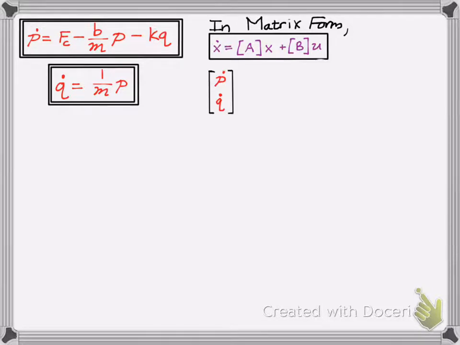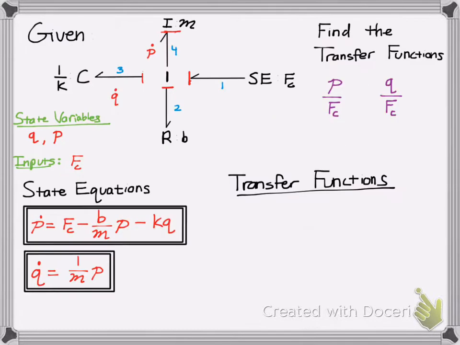So X dot is simply the rate of change of our state variables, equal to the coefficients of our matrix, which we'll get to in a second, times our state variables, which are P and Q, plus the coefficients for the input matrix, which is F of C. So we separate our inputs from our state variables, right? Because our state equations are written in terms of state variables and inputs.